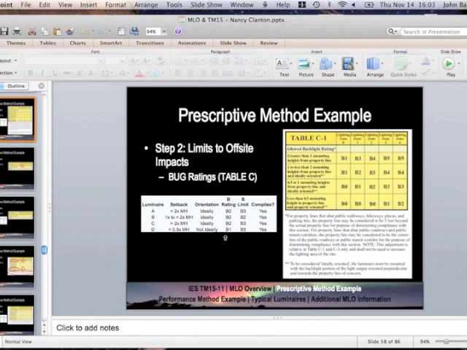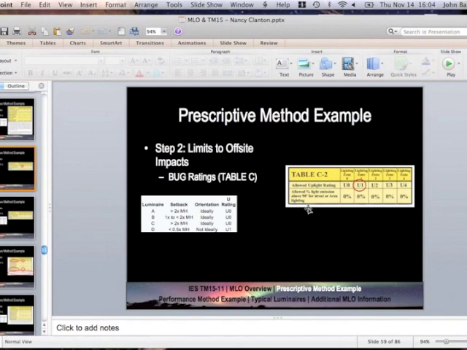You have to check whether they're ideally oriented. And if not, look at the tables depending on what the descriptions are for the backlight ratings. The backlight is going to be the hardest to comply with because you've got those double checks on how close they are to the property line and if they're ideally oriented or not.